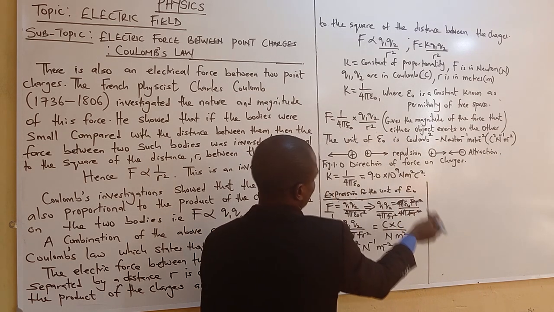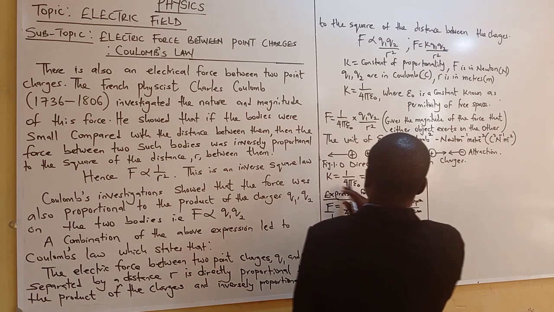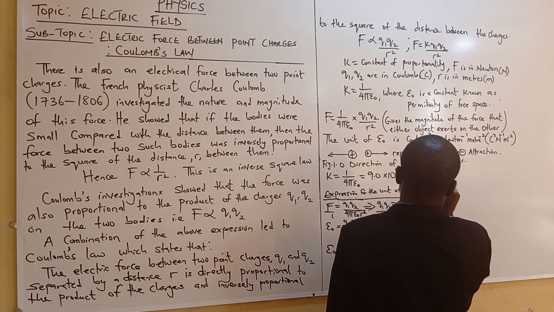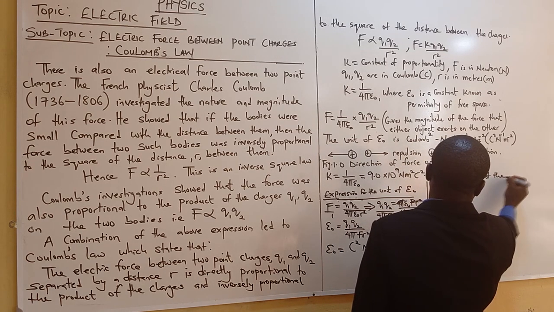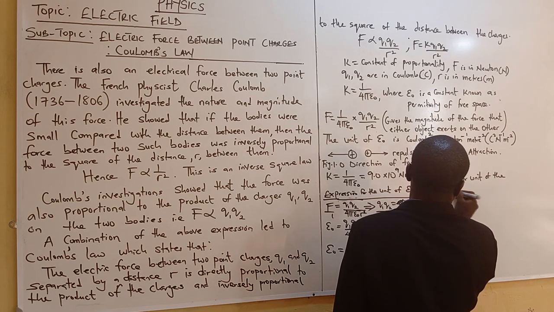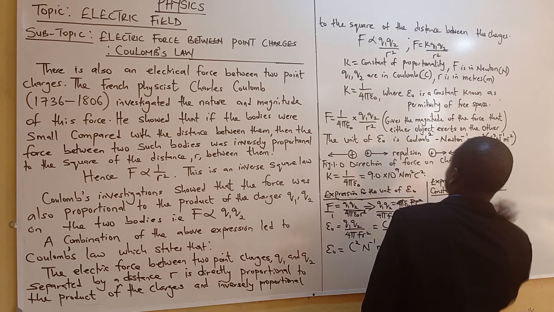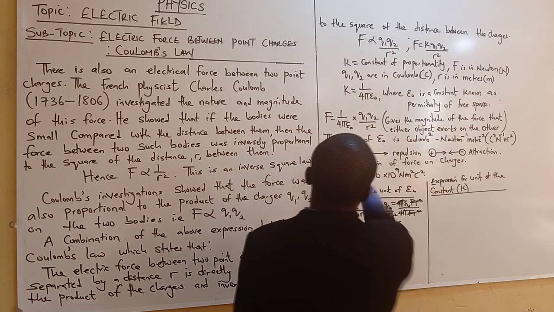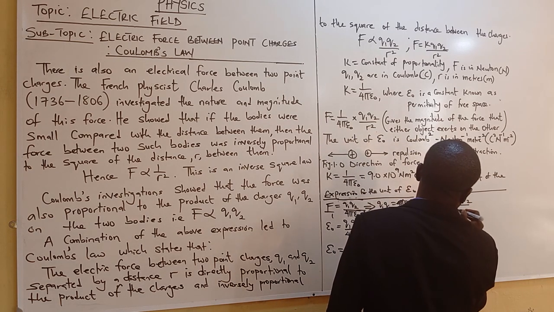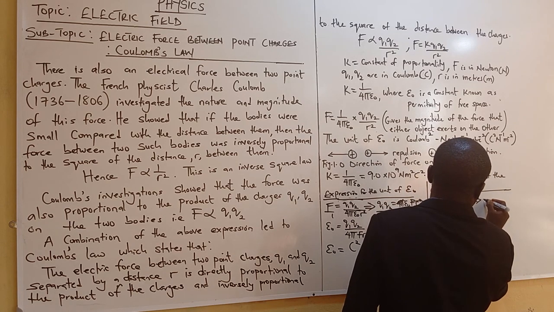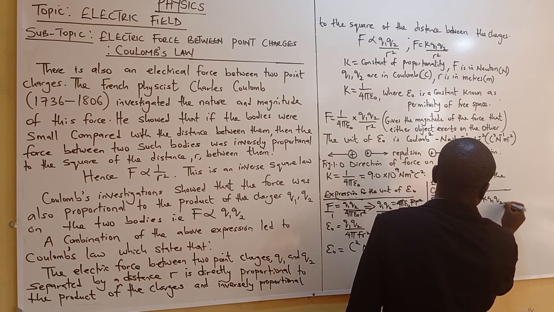Now let's see how we got the unit of the constant K. You have F equals K Q1 Q2 over r squared. Cross multiply. You have K Q1 Q2 equals F r squared.